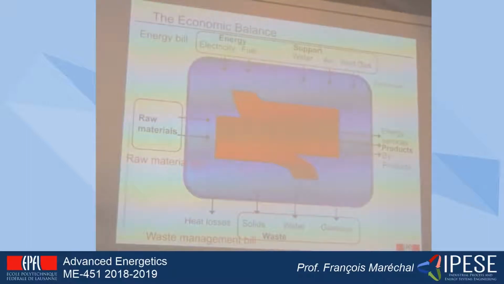Typically the heat losses do not cost anything, but otherwise if you release a pollutant, typically you have to pay for it. If you release wastewater, you also have to pay for it. And therefore we have the three costs identified here, and they have to be compensated with the sales of the useful products and byproducts that the system is going to produce.